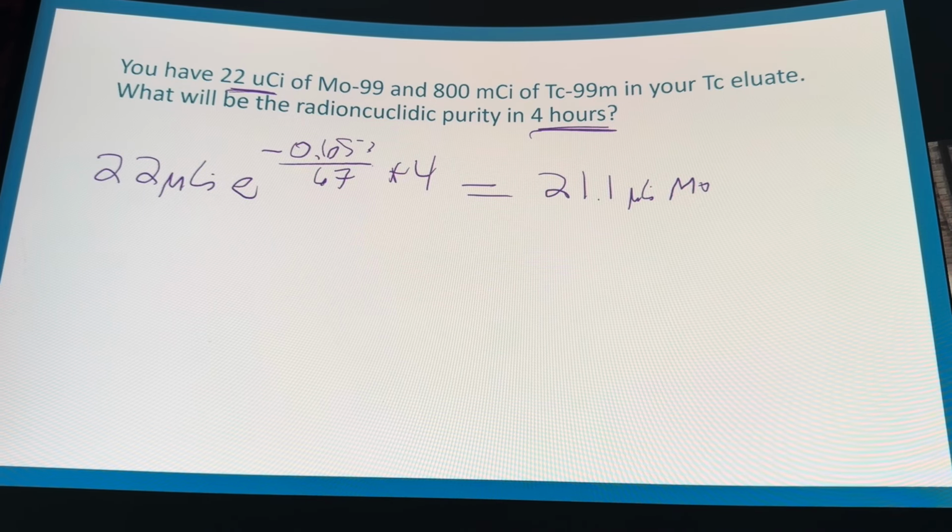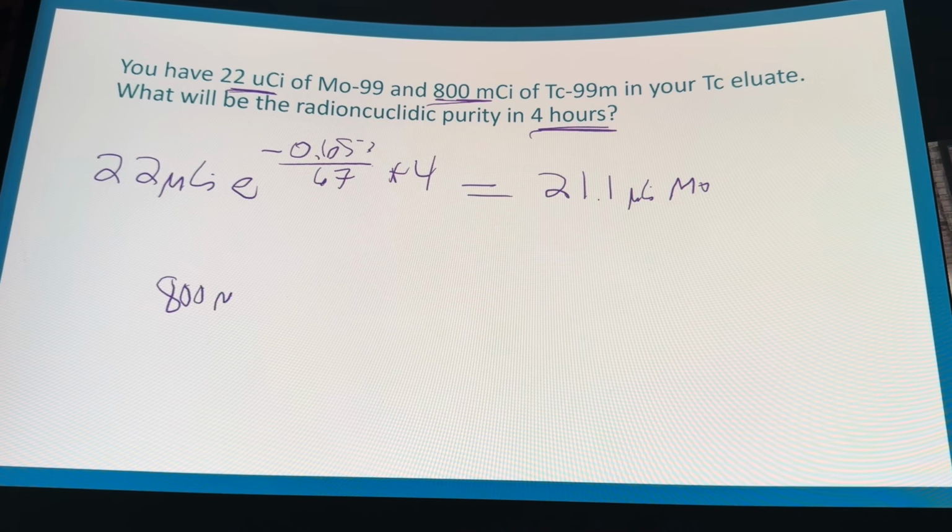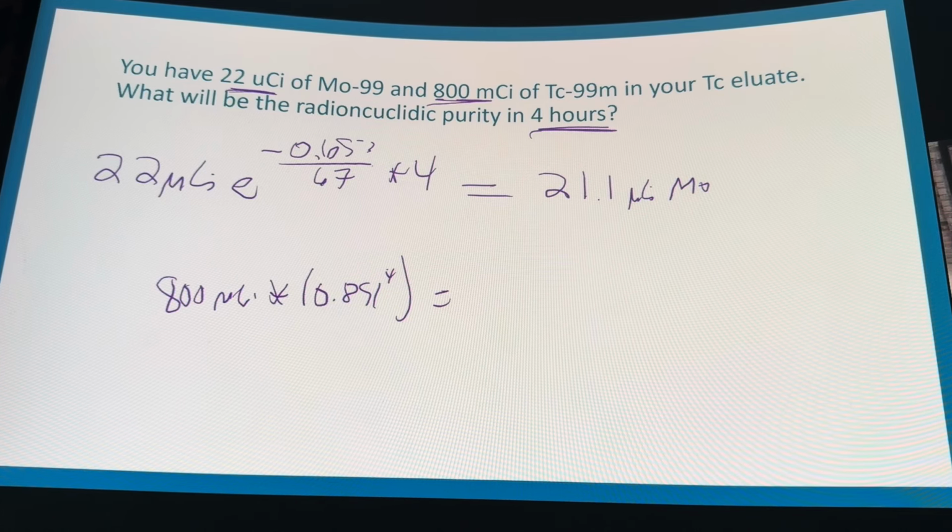And then I have to do the same thing to technetium. I have 800 millicuries. But I've got a shortcut with technetium, right? 800 millicuries, not divided, I'm going to times that by 0.891 to the fourth. 800 times 0.891 caret 4. Now I have 504 millicuries of tech.